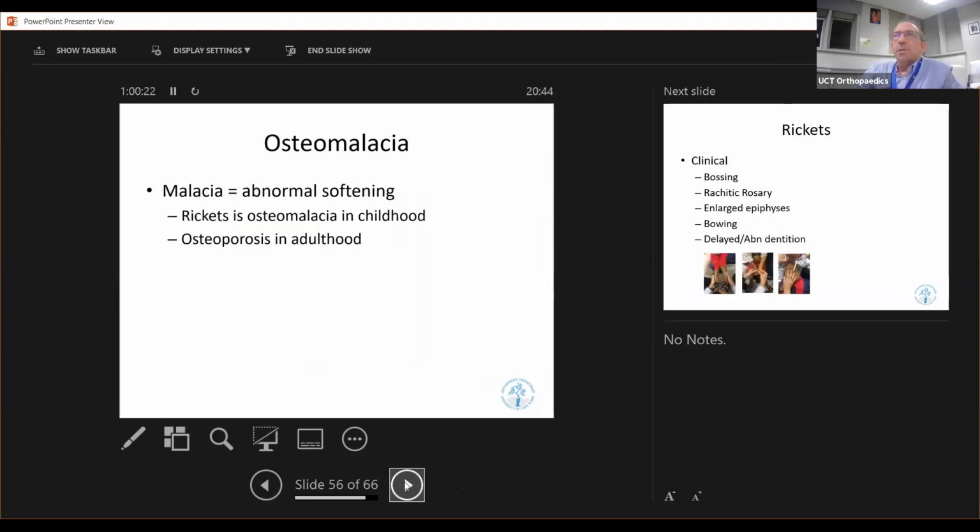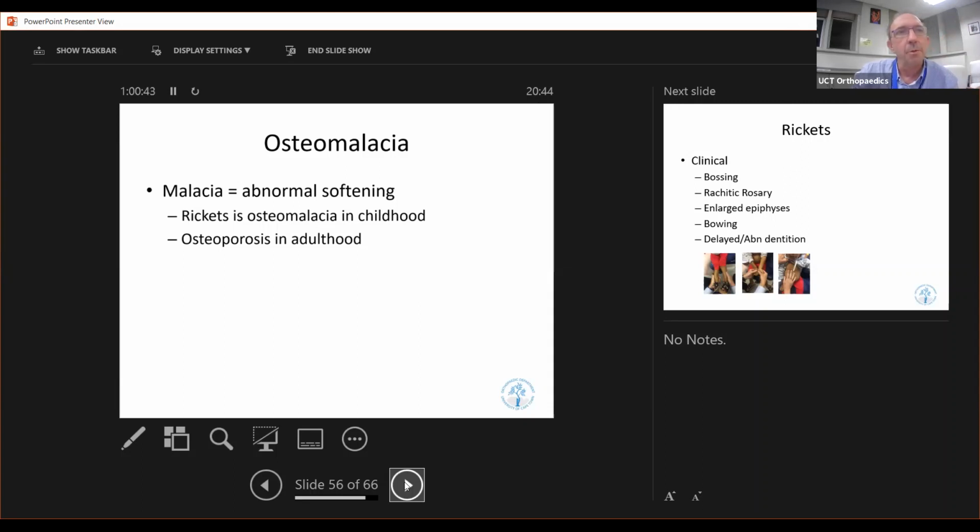So osteomalacia is a broad term that implies malacia, abnormal softening of the bones, and Rickets technically is osteomalacia in childhood. In adulthood, we refer to osteoporosis.